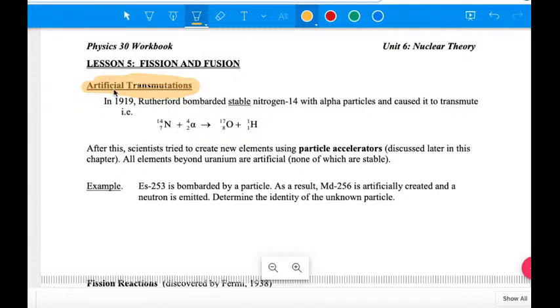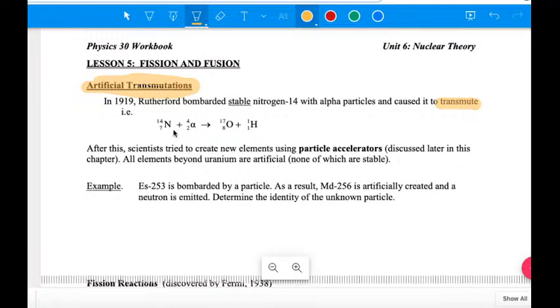So with artificial transmutation, originally Rutherford bombarded nitrogen-14, which was stable, with an alpha particle, and it caused it to transmute. And transmuting is becoming a different element.